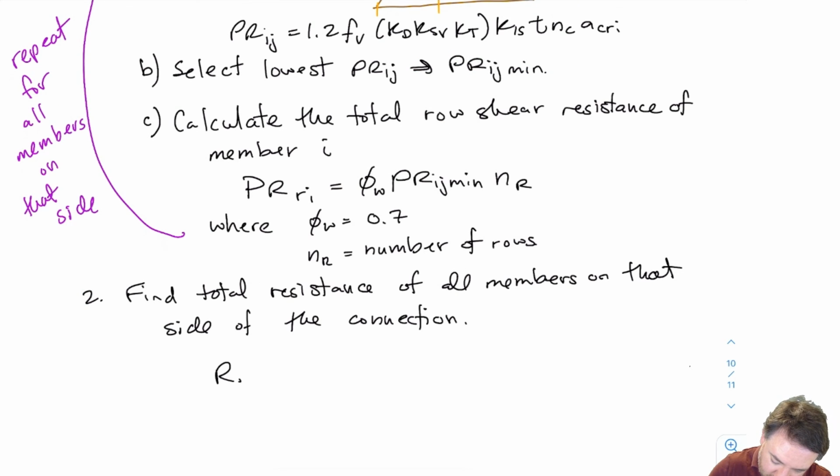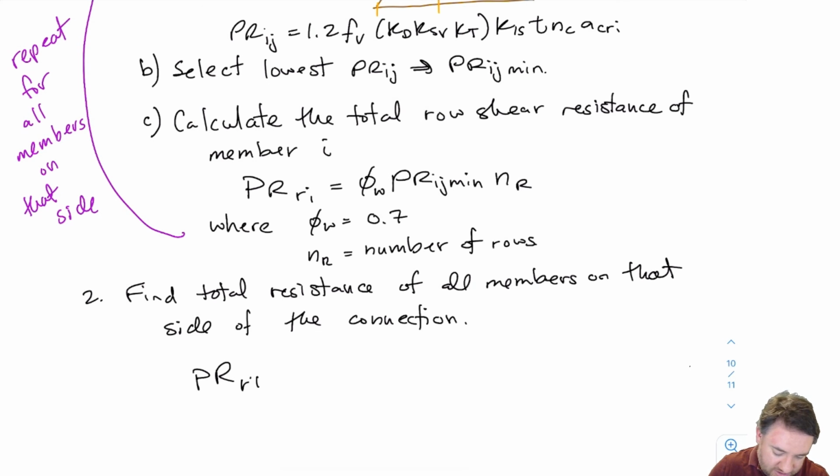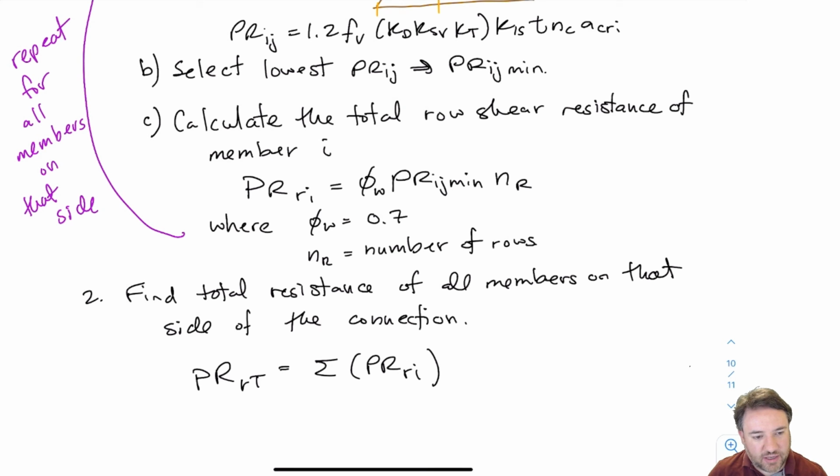In the standard, PR stands for: P is compression or tension resistance, R is for row shear, small r means resistance, and T means total, the sum of all the PR, r for resistance, I for which member. Member 1, I equals 1, or member 2, I equals 2.